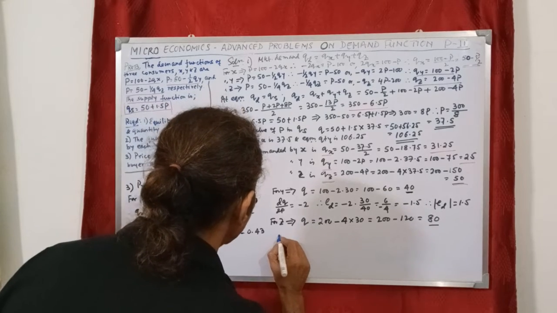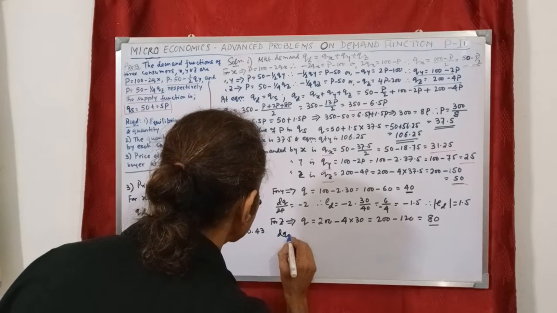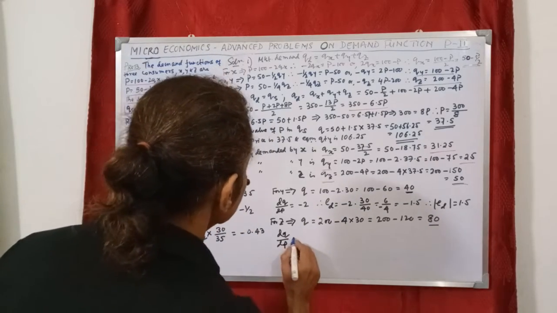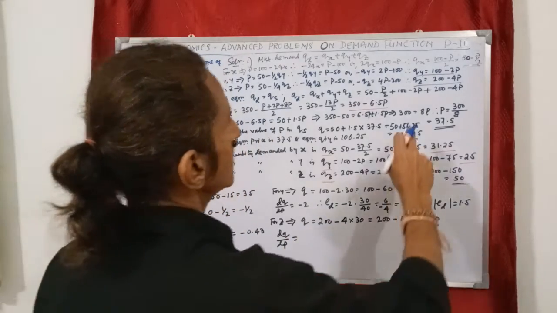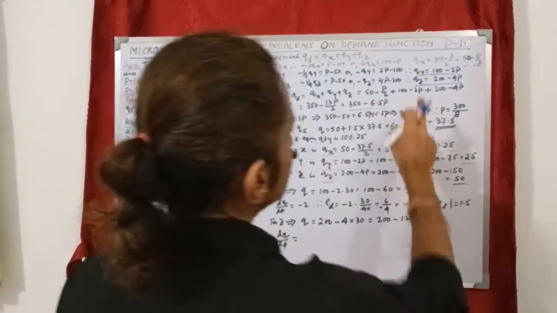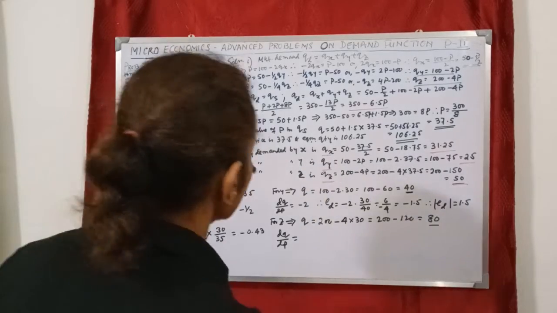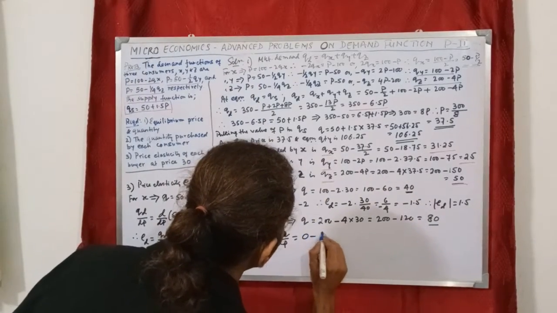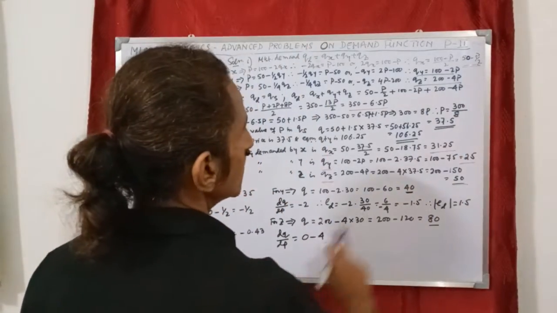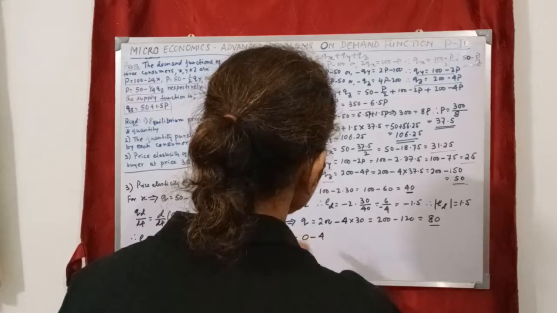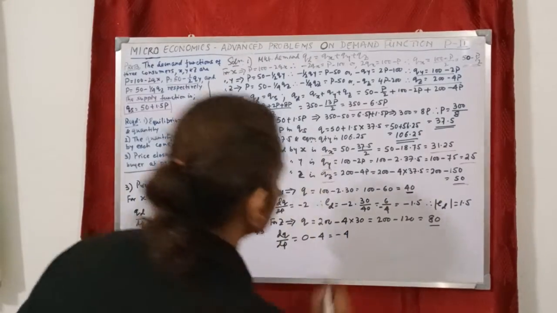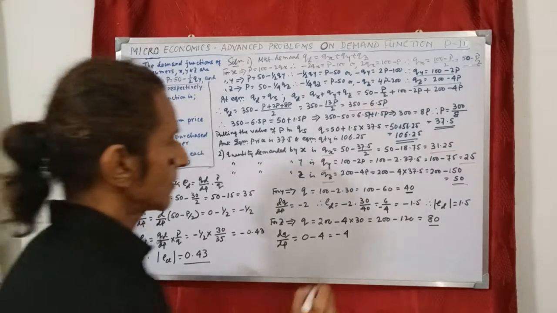Now again we find out what dQ/dP is for individual Z. This is the differentiation of Qz equals 200 minus 4P; we differentiate Q with respect to P. This comes to 0 minus 4. Why? Derivative of 200 is 0 and of minus 4P is minus 4. So dQ/dP is minus 4.